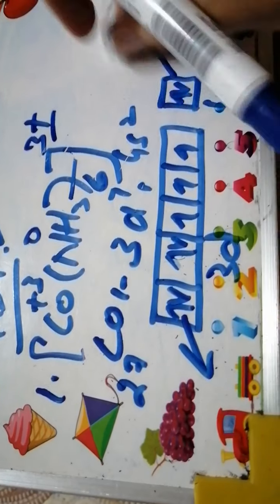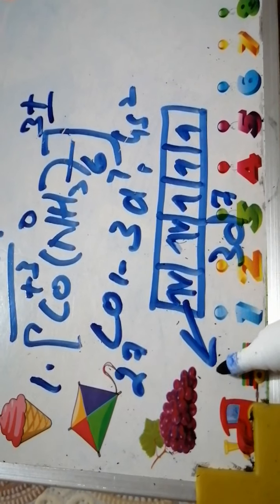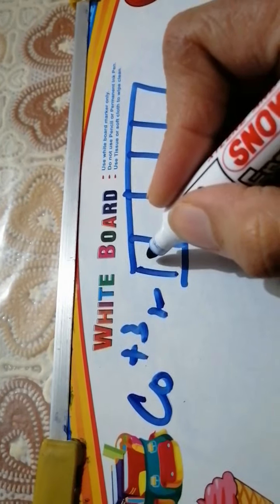Once we are left with, because there is no more 4s, you see 4s is gone, right? You're supposed to write it again, right? So here we have d6 because we removed one electron from 3d, so it becomes 3d6, right? So it means we now have 6 electrons in 3d.